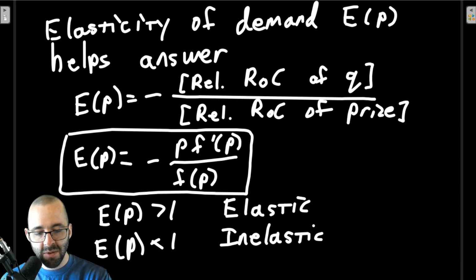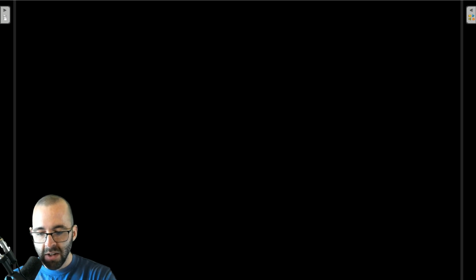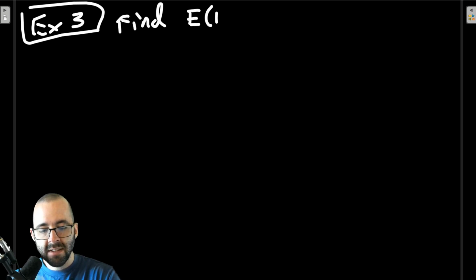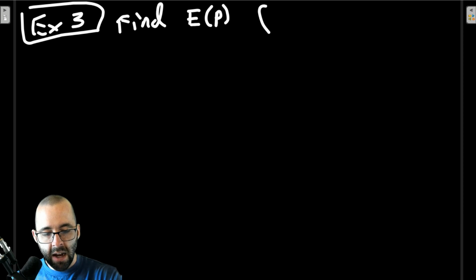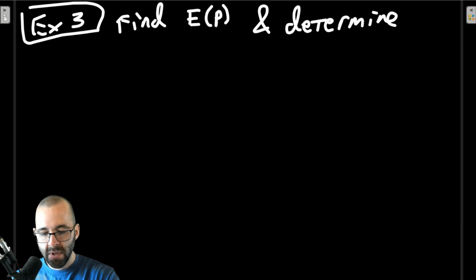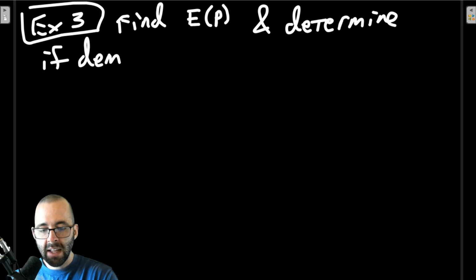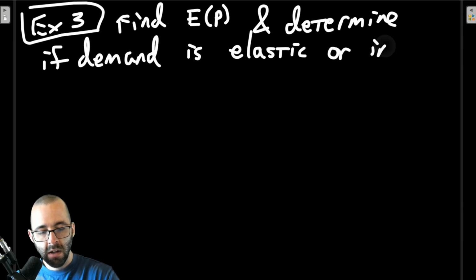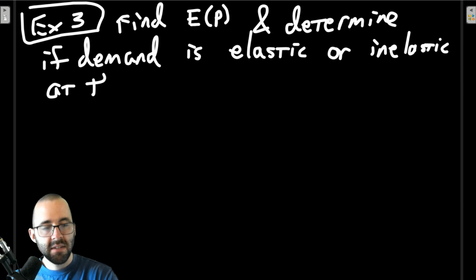We did some concepts and built some stuff up. Now let's do an example. Example 3. Find E of P, our elasticity of demand, and determine if demand is elastic or inelastic at the given price.